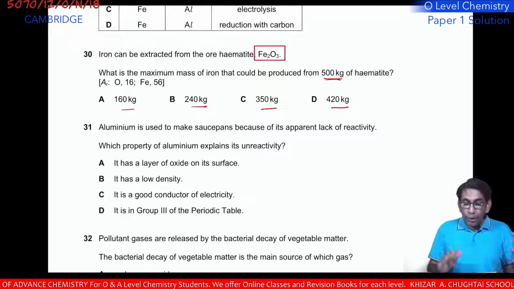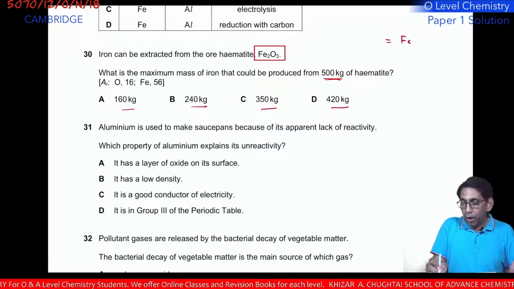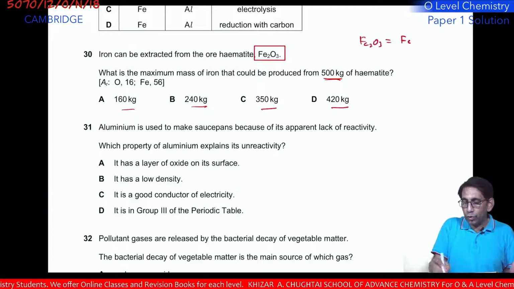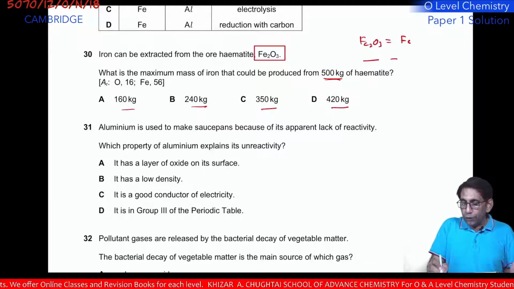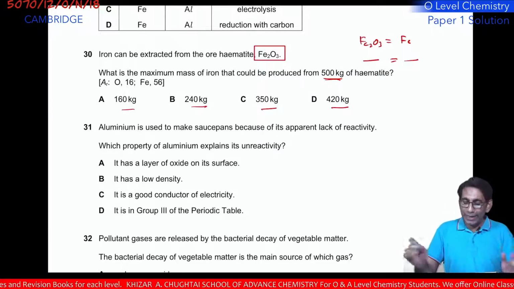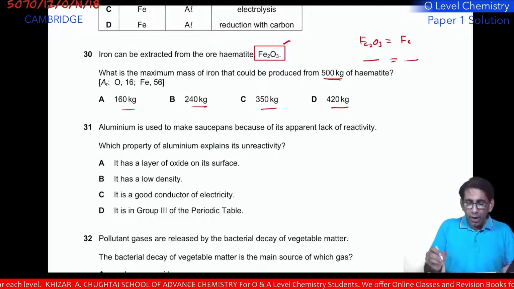So I'm going to find the mass of iron from Fe2O3. If you are going to find information from the formula, you write its Mr first. What is the Mr of Fe2O3?